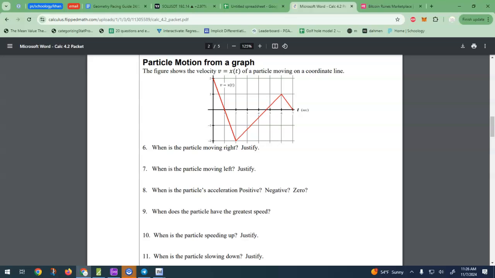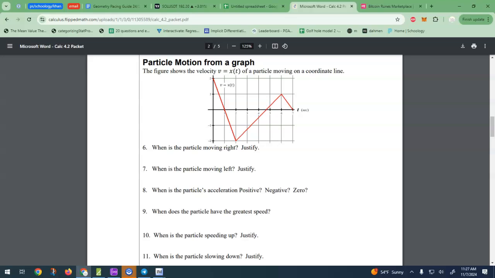And that's not a positive number, so I'm not going to include it. It's also moving to the right from about 4.7 to 7, whatever that number is. I wouldn't include that point or that point because we're not positive there.